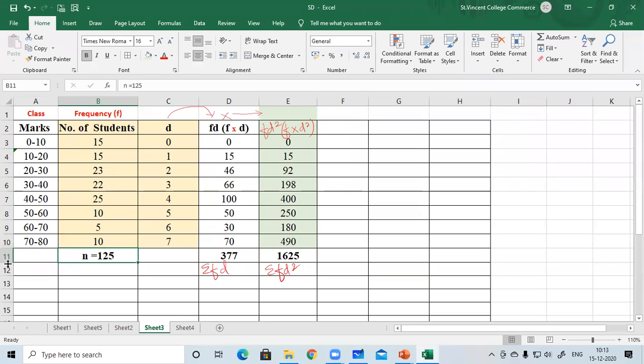The first thing I need to find is x, and x here is the midpoint. Midpoint again comes as upper limit plus lower limit divided by 2. So 0 plus 10 divided by 2, or 10 plus 0 divided by 2, is 5. And you know the class interval here is 10, so you just go on adding 10 to the first midpoint and you will automatically get the others.